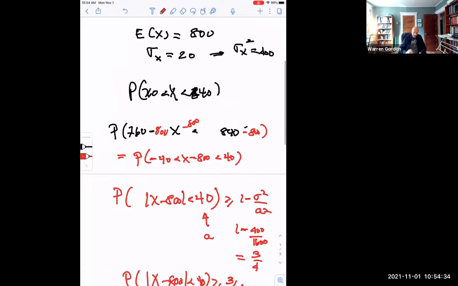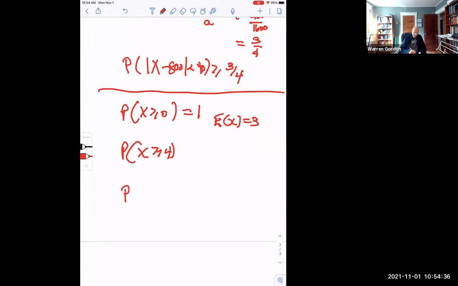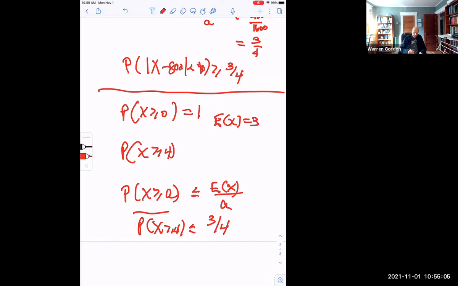Remember, Markov's theorem says the probability that X is greater than or equal to A is at most the expectation divided by A. I think I used the letter C in the book. So in this case, the probability that X is greater or equal to 4 is at most 3/4. Simple application of the two theorems.